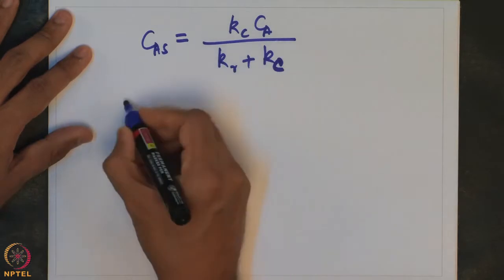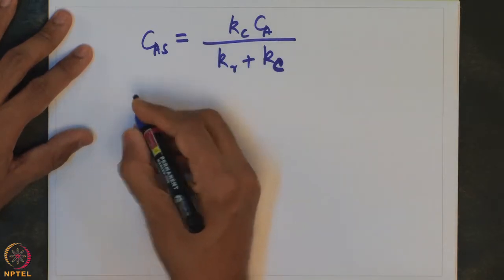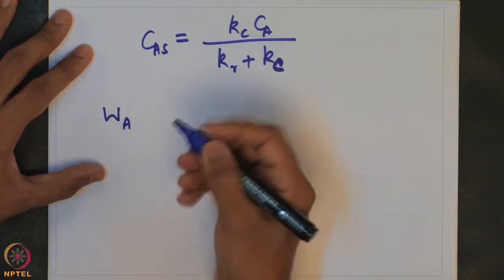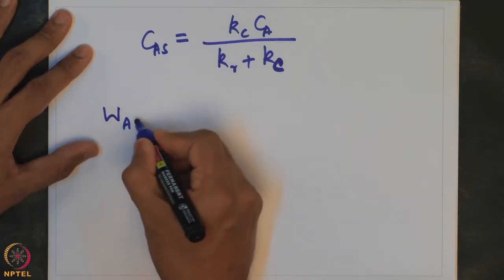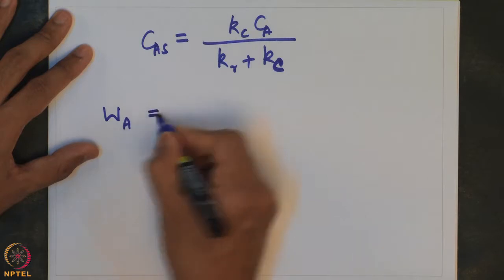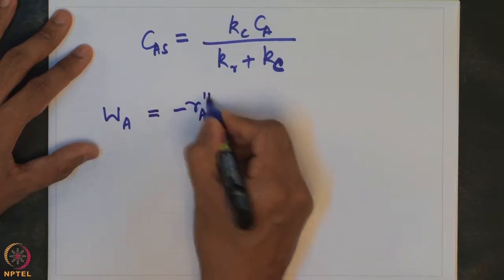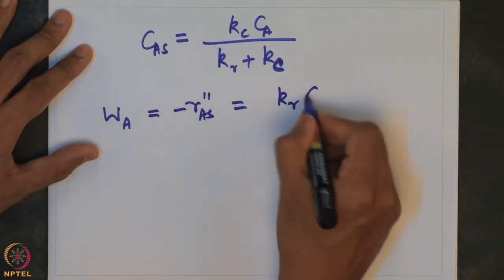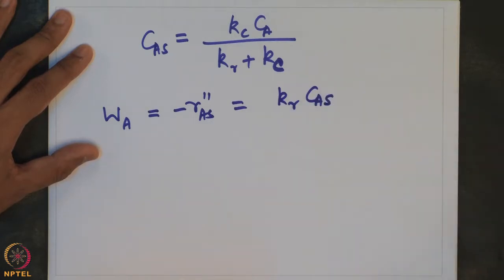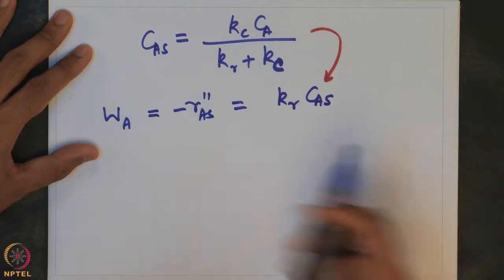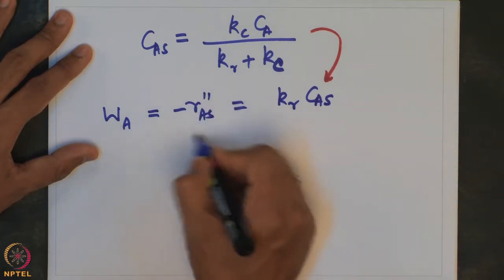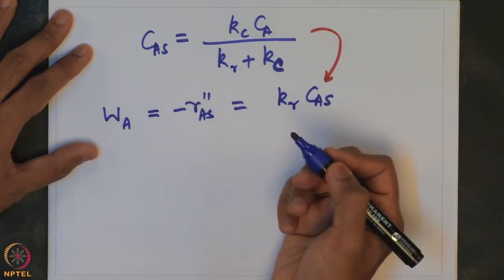Now, the flux with which the species diffuses onto the catalyst surface, which is equal to WA, which is also equal to RAS double prime, is equal to Kr into CAS. We can substitute the expression for CAS here, and thereby get the rate at which the reaction happens in terms of the observable quantities.